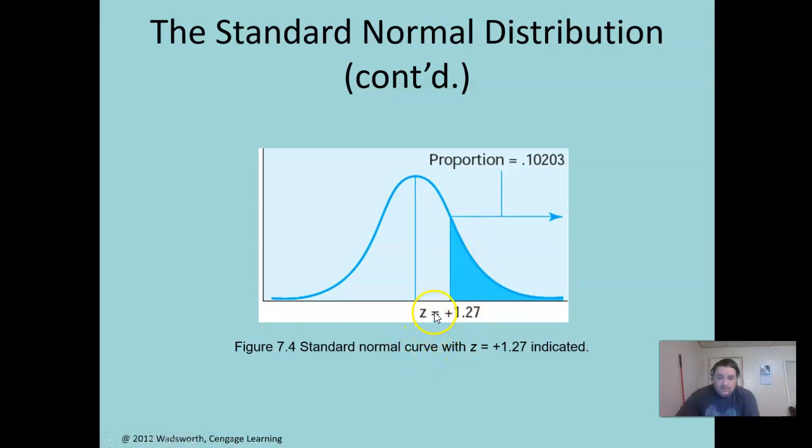So at z equals plus 1.27, the curve underneath this left is the proportion of 0.10203. So 10.2%.